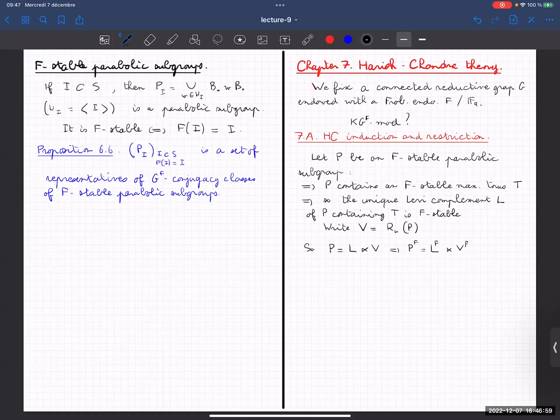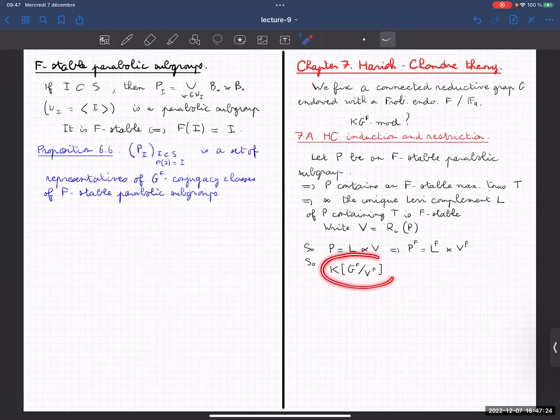And in particular, the finite set G^F mod V^F is endowed with the left action of G^F and with the right action of L^F.